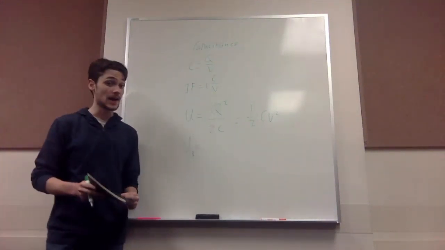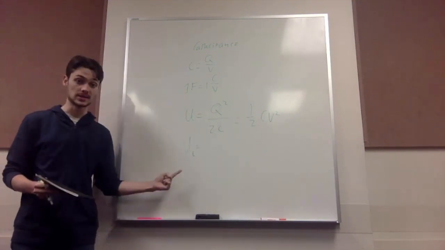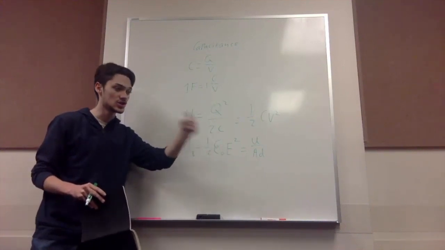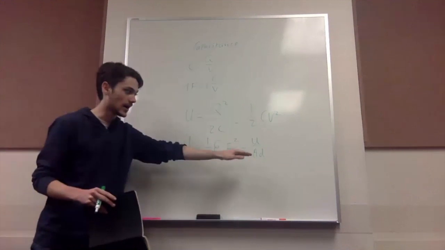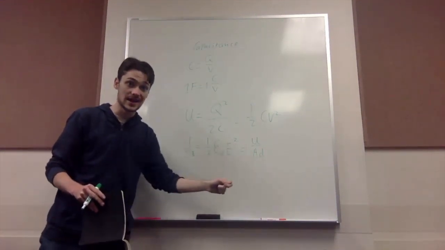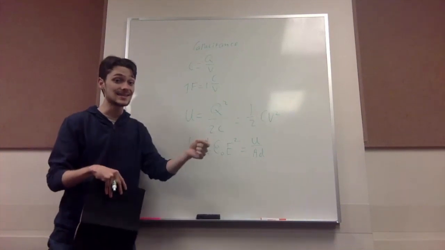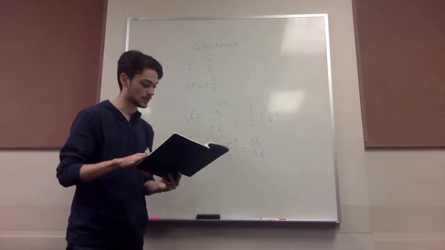We can also use capacitance to find electrostatic energy density, U sub E. U sub E is equal to 1/2 epsilon naught E squared, which is also equal to U, the total energy in the capacitor, divided by A times D, where A is the area of the two plates of the capacitor, and D is the distance they are apart from each other. Yeah, it's just going to take some examples for me to get this.